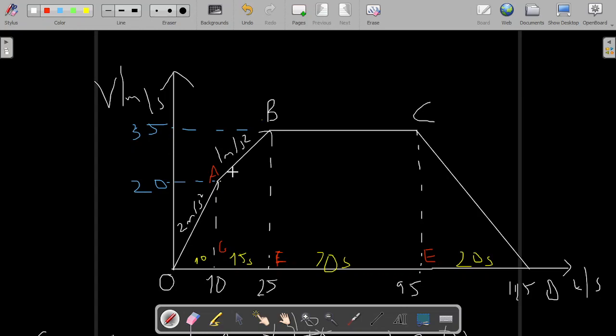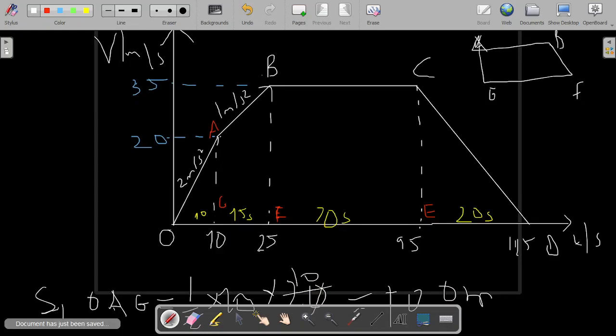1, 2. So we have this length, this one here, the length of this one. So this parallelogram can be drawn out like this. So we should figure it. So this is it. We have A here, G, F, and B. We need to be able to identify it well.